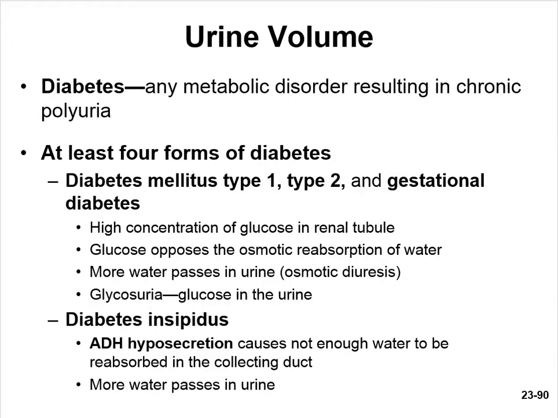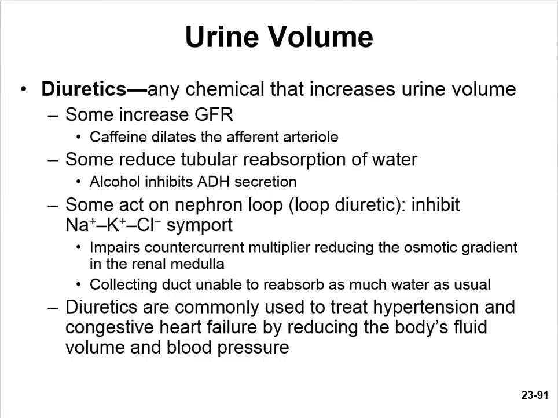So with diabetes, remember you're going to find glucose in the urine. Diuretics, that's any chemical that increases urine volume. Caffeine is a diuretic. It dilates the afferent arteriole, which increases GFR. Alcohol is a diuretic. It inhibits ADH secretion.